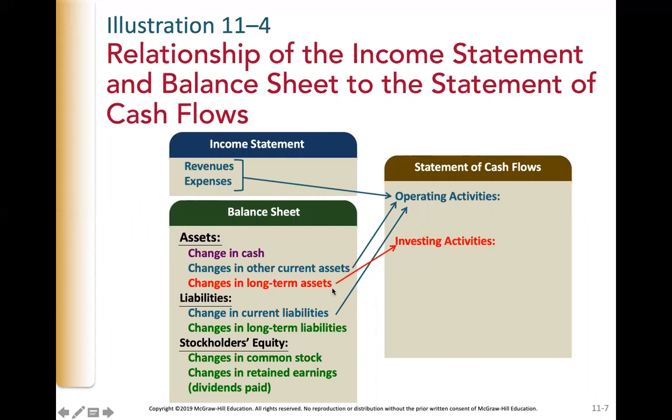The red, changes in long-term assets, are investing activities. The changes in long-term liabilities, any changes in common stock, and changes in retained earnings, which is where the dividends you pay would show up, are financing, in the green. When you add the net cash flows from these three, you get your change in cash.